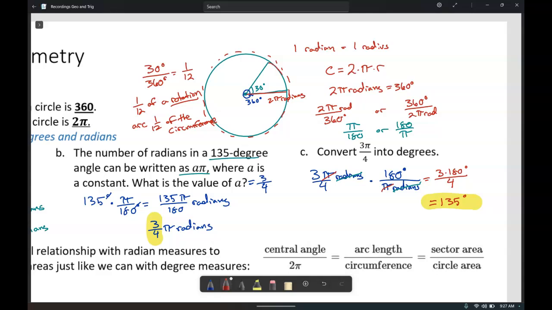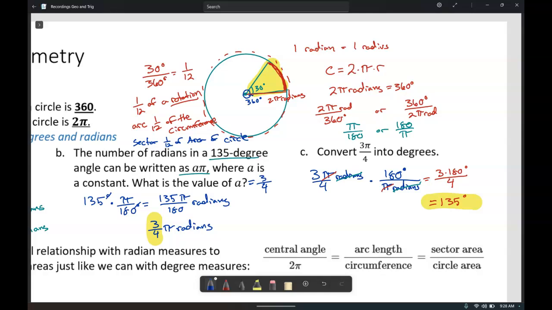So the arc that we've made here is 1/12 of the full circumference of the circle. Well, then you can also think about the area of the sector, this pizza wedge. The area of that wedge, the sector, is also going to be 1/12 of the area of the circle.